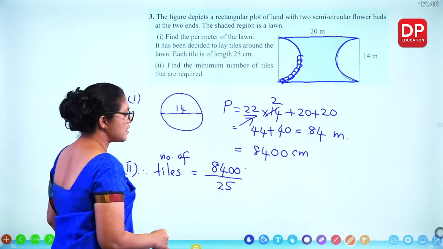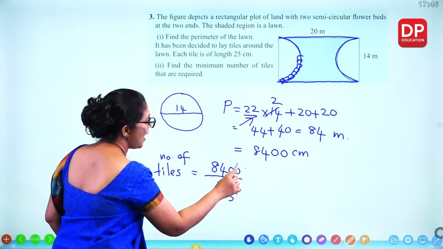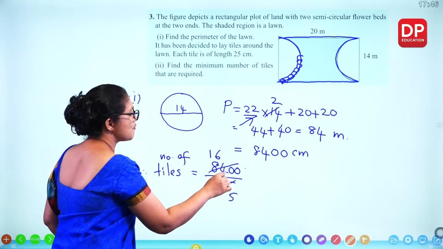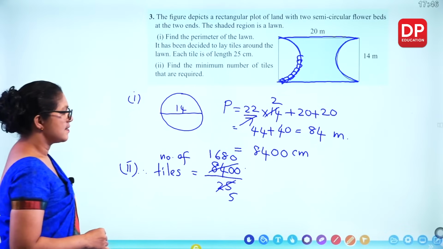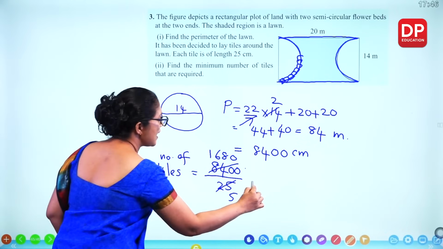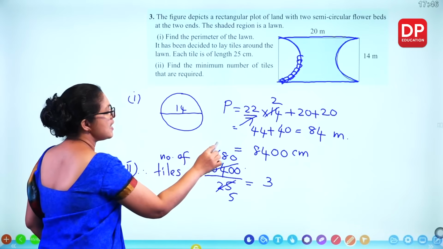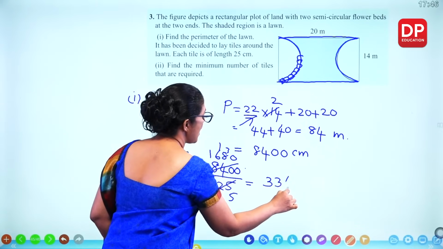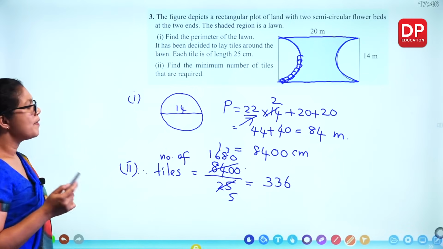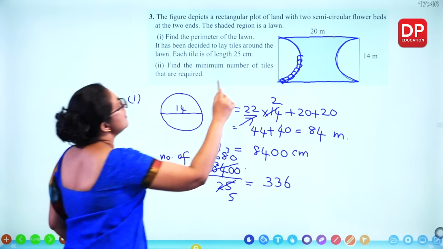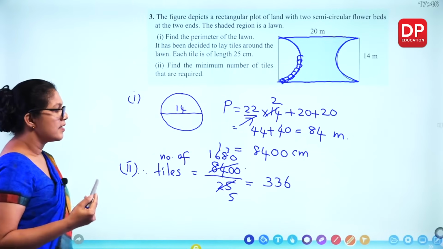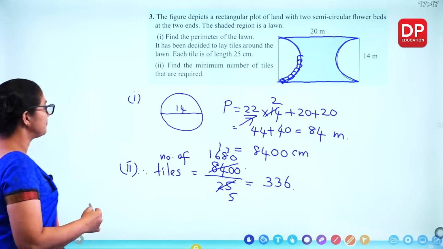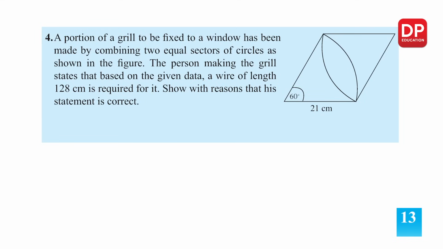So divide by 5: 5 times 1 is 5, 34, 5 times 6 is 30, 40, 5 times 8 is 40, 0. Then divide by 5 again: 5 times 3 is 15, 18, 5 times 3 is 15, and for 30, 5 times 6. So how many tiles do you need to lay out around the lawn? You need 336 tiles.